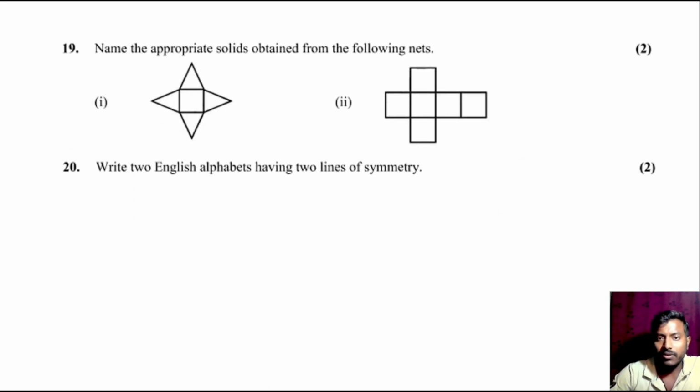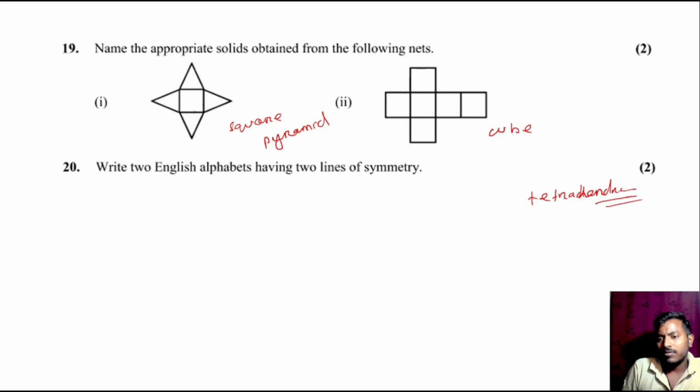Next question. Name the appropriate solid obtained from the following nets. This is the net of a square pyramid. This is a cube. Okay. Then tetrahedron: 4 triangles are there, 1, 2, 3, 4.